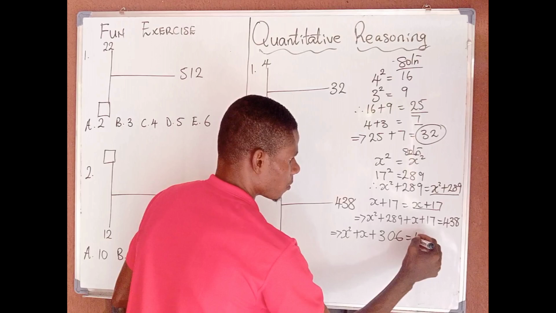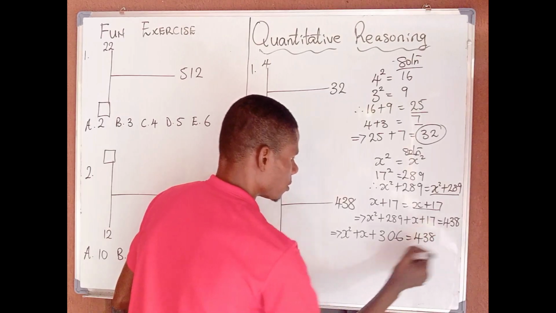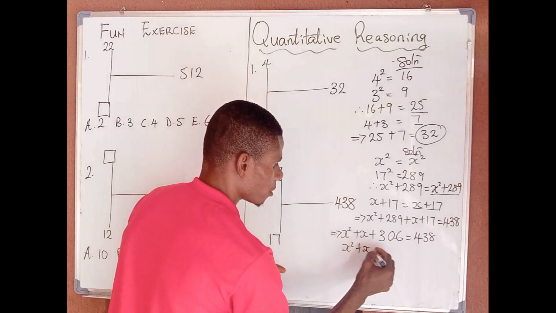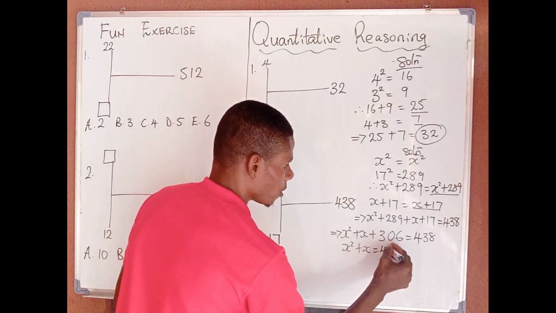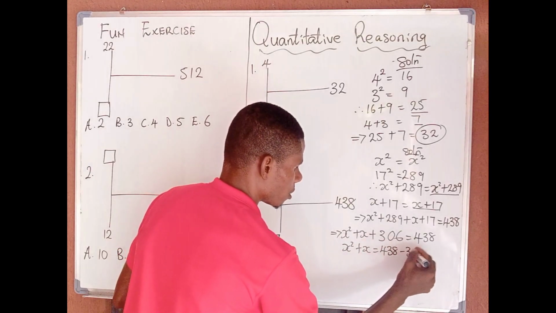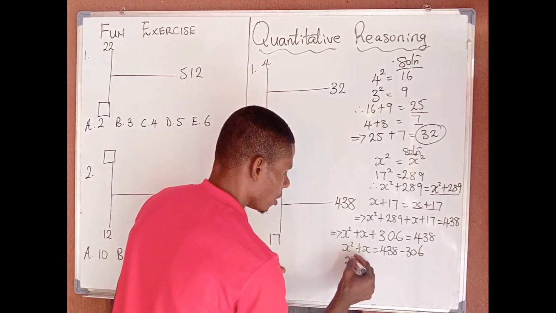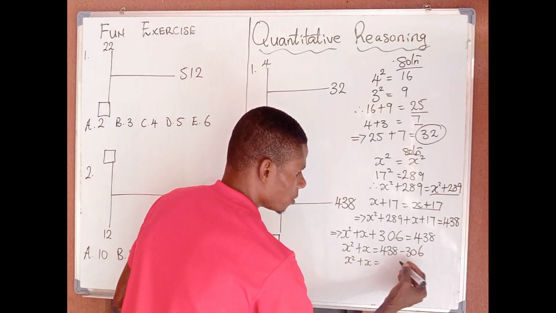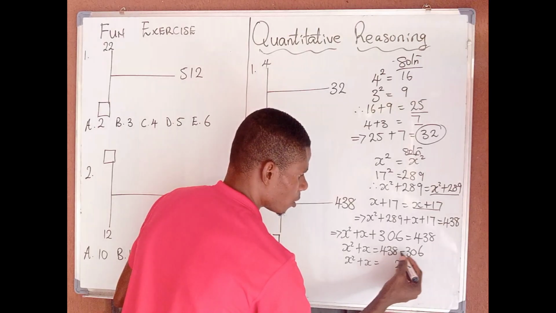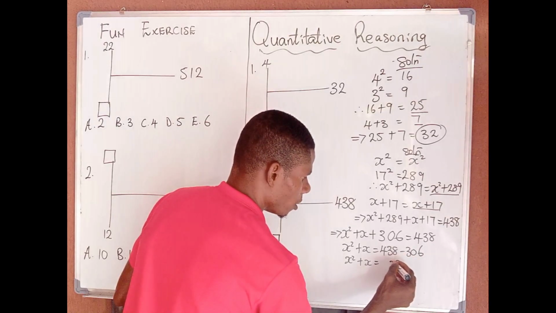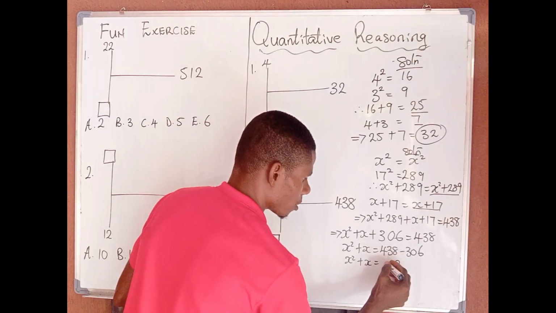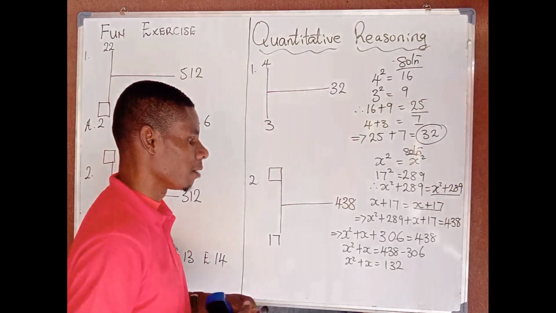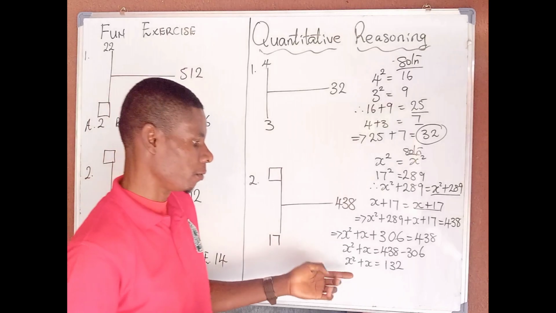And this is what? 4, 3, 8. So still on collecting like terms, x squared plus x equals to 438 minus 306. So x squared plus x is equals to 8 minus 6 is 2, 3 minus 0 is 3, and 4 minus 3 is 1. Okay, now we have arrived to a different kind of equation.